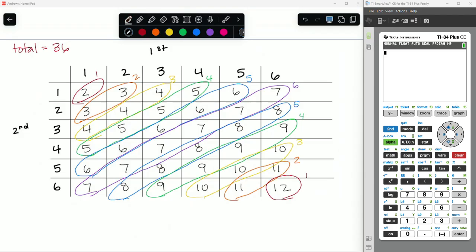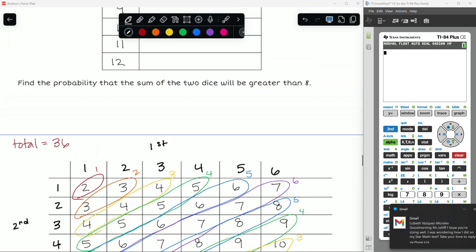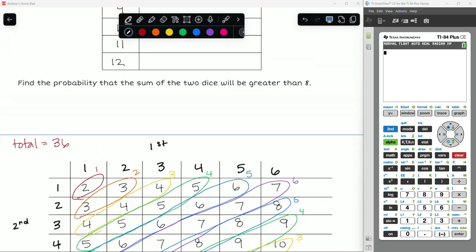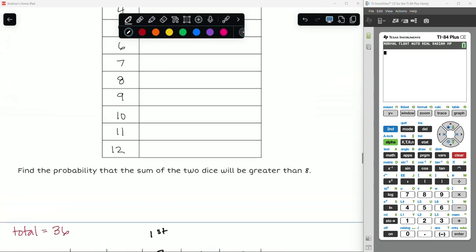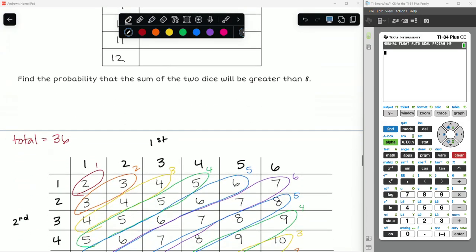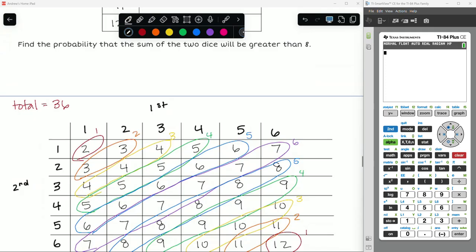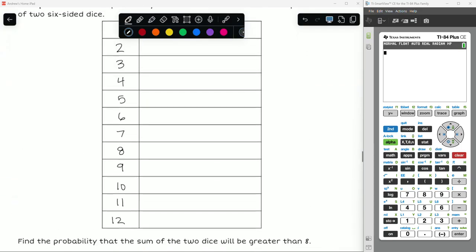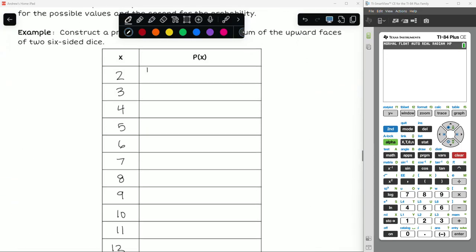So let's go back to the question. It says find the probability a sum of the dice will be greater than 8. We need to fill out our table to answer that. All of these probabilities are out of 36, and I know they follow a pattern: 1, 2, 3, 4, 5, 6, 5, 4, 3, 2, 1. So let's fill out that probability table. 1 out of 36, 2 out of 36, 3 out of 36, all the way down.